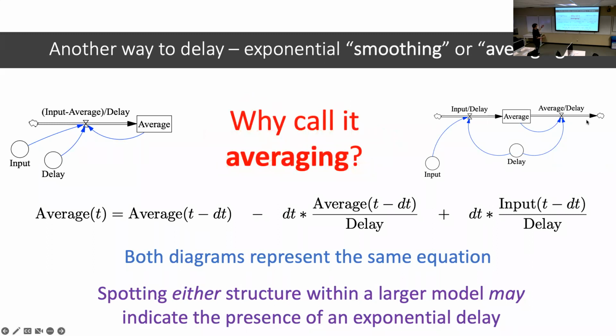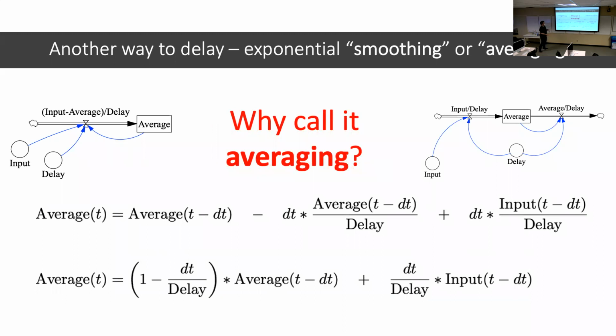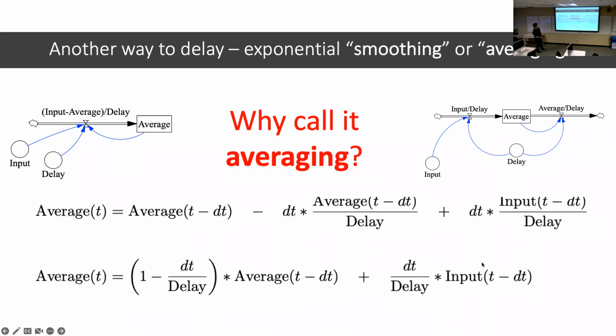And if I focus a little bit more on this, then I can see why we might call it averaging. I can take this formula here, which comes directly out of this, and regroup some of the terms so that they look like this thing down here.